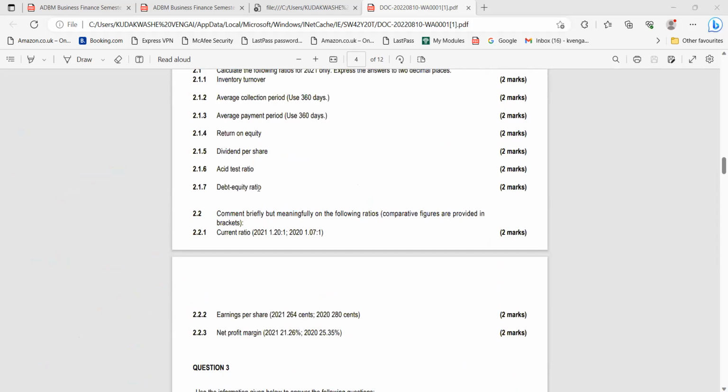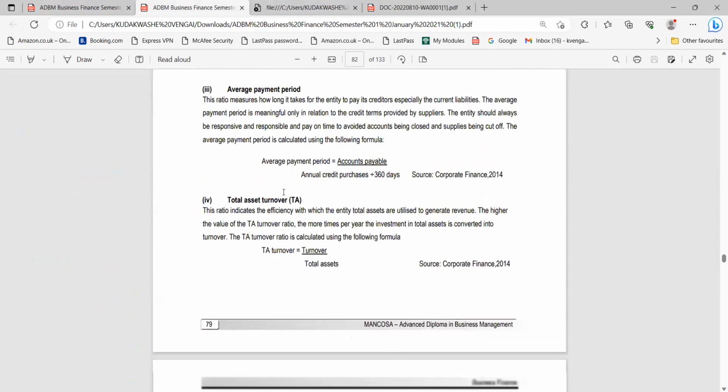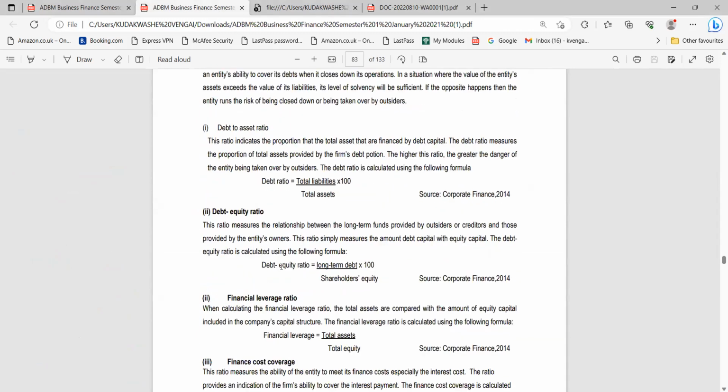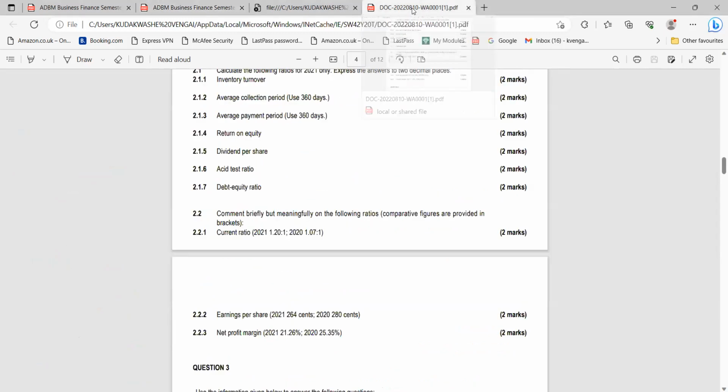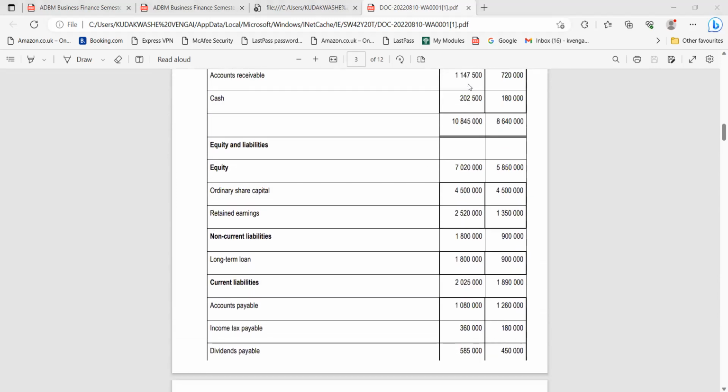Next one is the debt to equity ratio, right? Again, you go to your study guide, you check debt to equity ratio, long-term debt over shareholders' equity. That's the ratio, long-term debt over shareholders' equity, right? So you come here and you check long-term debt, you've got here, that's your long-term debt over shareholders' equity, you've got here.